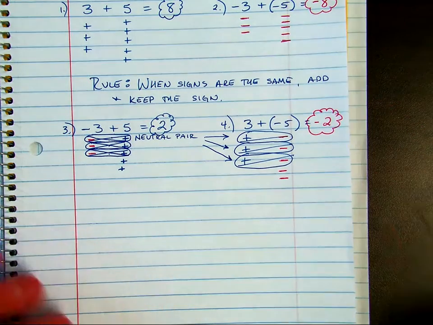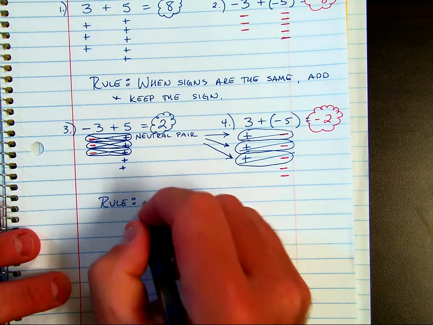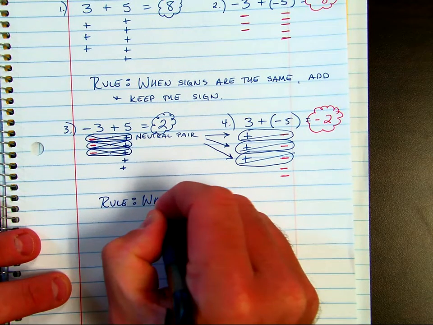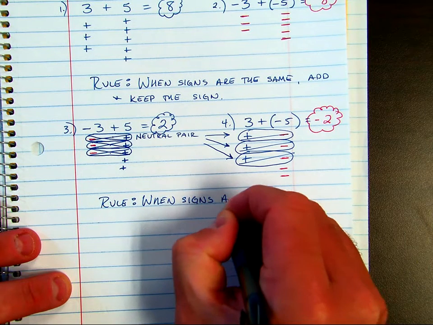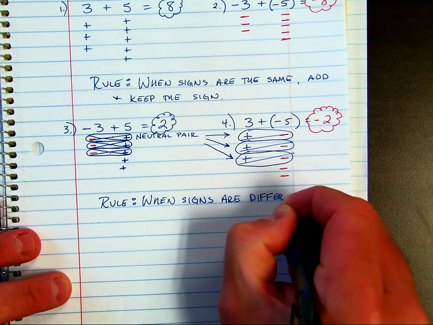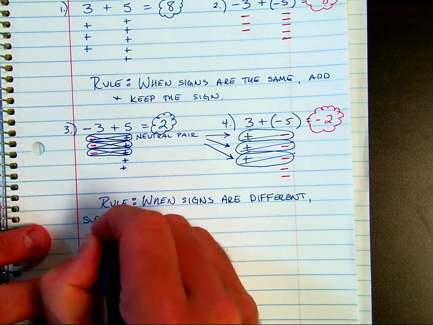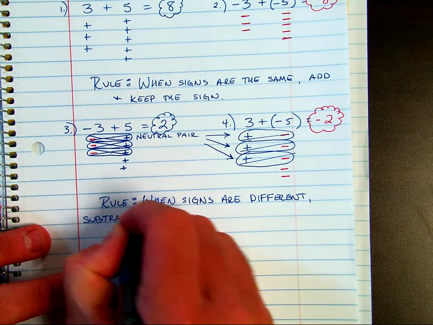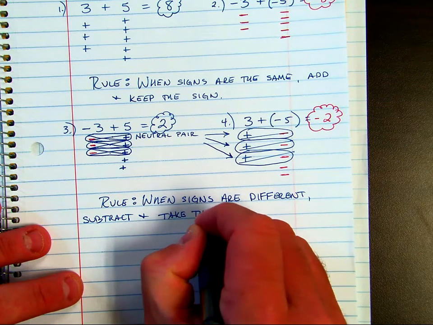So the rule when signs are different, subtract and take the sign of the larger number.